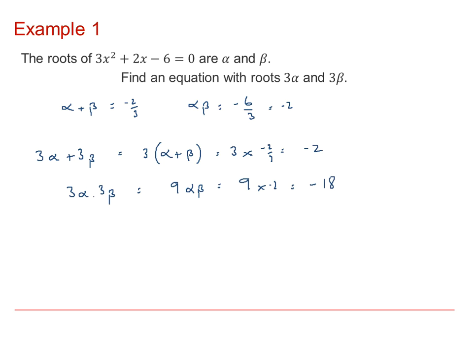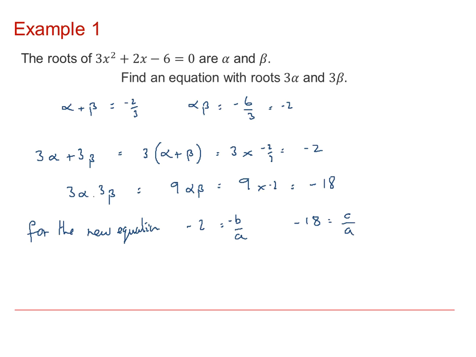So for our new equation, we can say that the sum of the roots, which is negative 2, must be equal to minus b over a, and the product of the roots, negative 18, is equal to c over a. Now this is where we can choose any value we like for a.